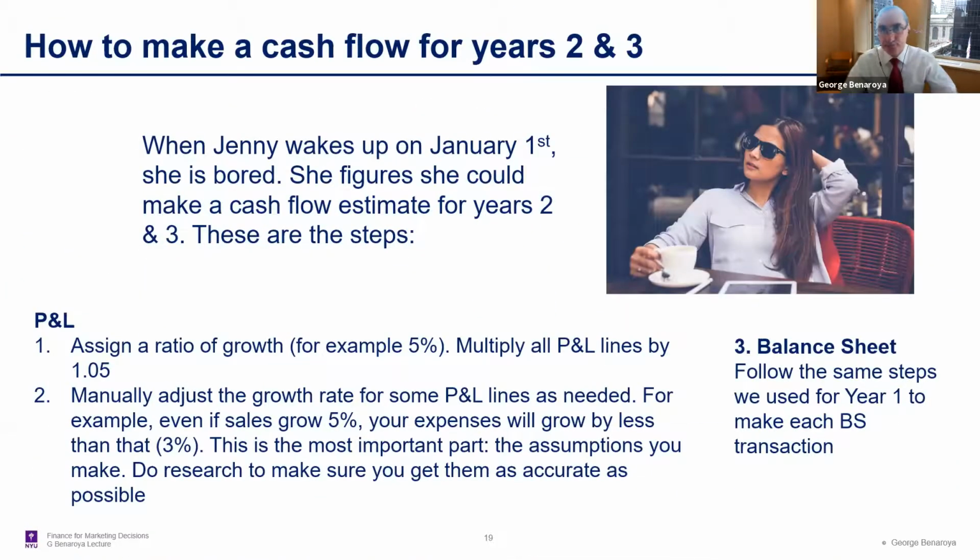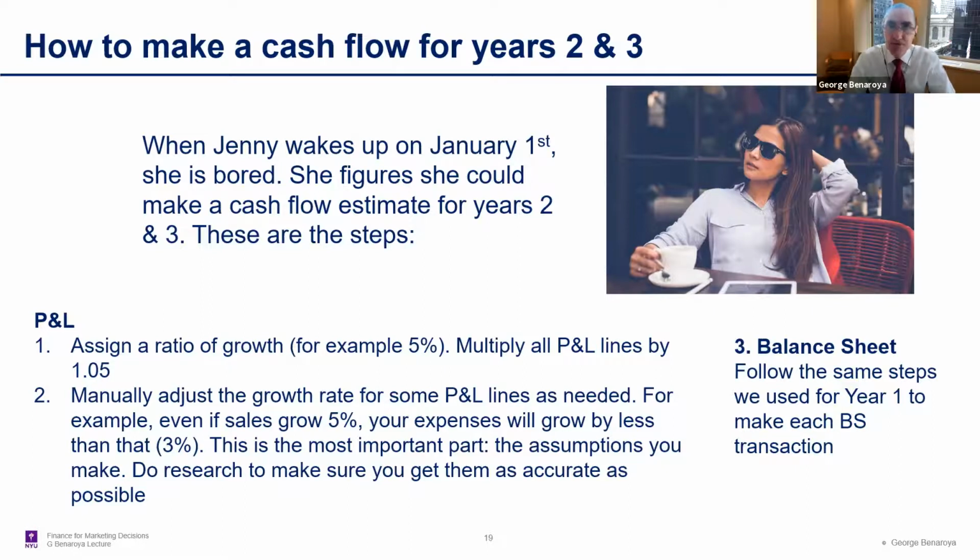So imagine that when she wakes up on January 1st, after she was able to do all this in a rush on the evening of December 31st, she figures that she's bored and she would rather make a cash flow estimate for the next 2 years, for years 2 and 3.